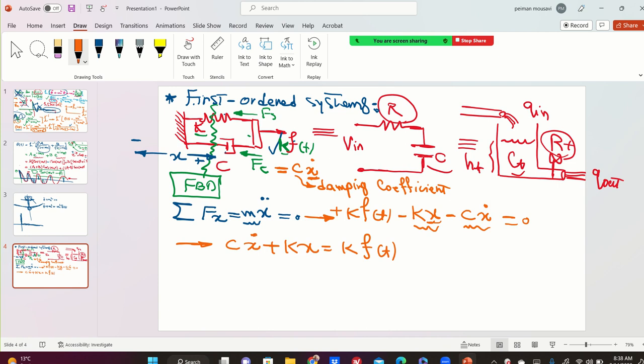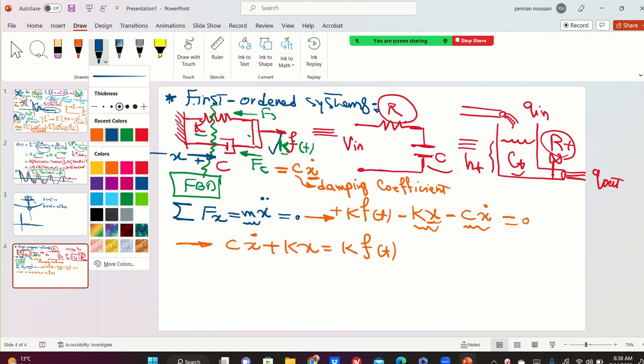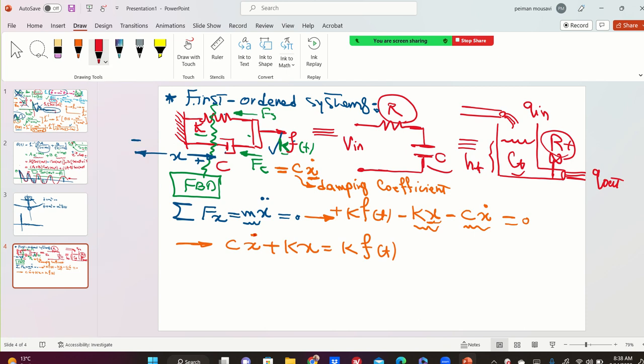So this is a first order system because why? Because the highest derivative you have is the first order, x dot. Second order is gonna be x double dot. Third order is gonna be x triple dot. Fourth order is gonna be x fourth dot. That's right. So this is a first order system.